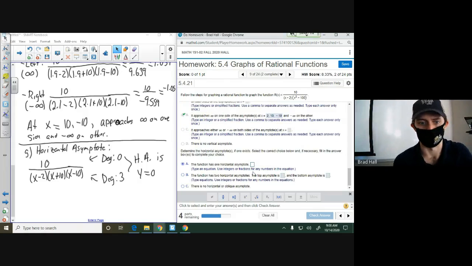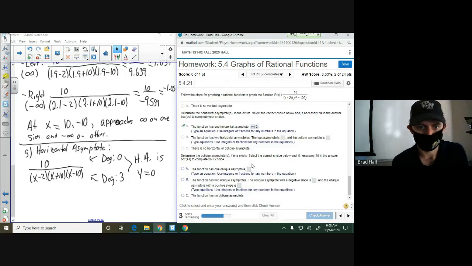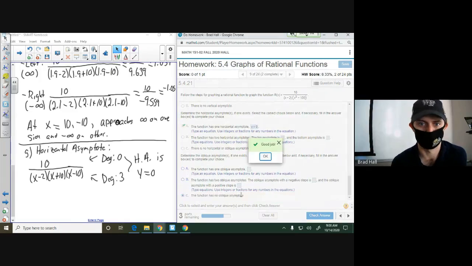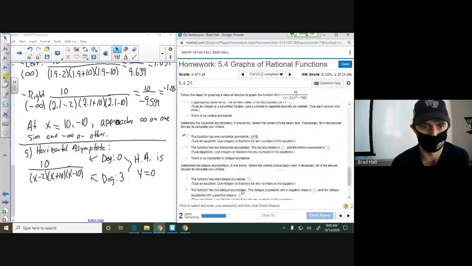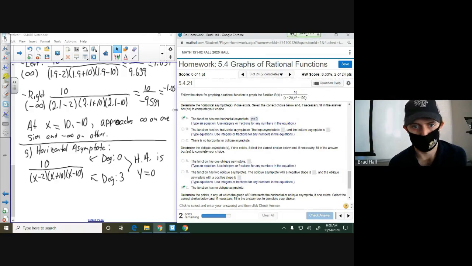It's always 0 in that case. And there's never an oblique asymptote. You don't have to worry about that one. So horizontal asymptote, y is equal to 0. No oblique asymptote ever. So that one should be a quick one.